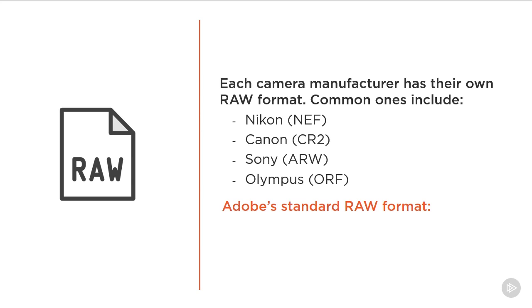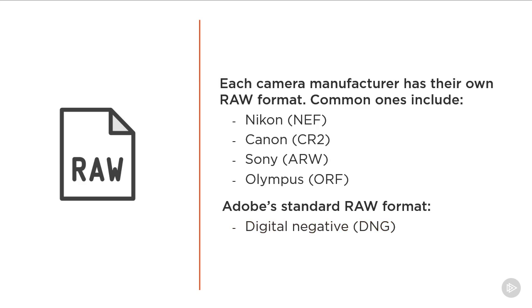So you can actually convert those into a digital negative that is Adobe's attempt at creating a standard raw format. We actually have another lesson in this course that talks about how to convert the various raw formats into DNGs.